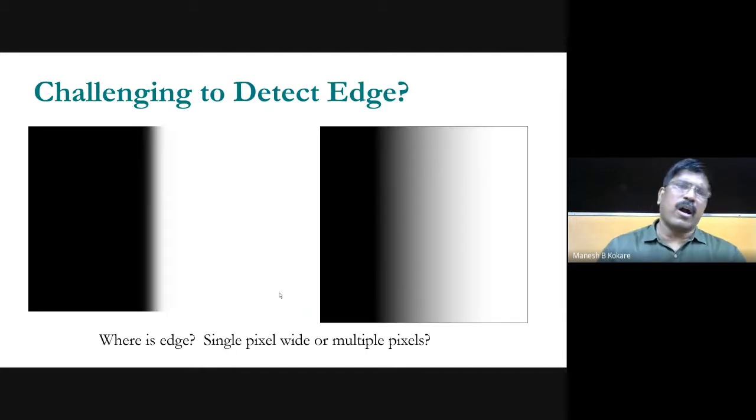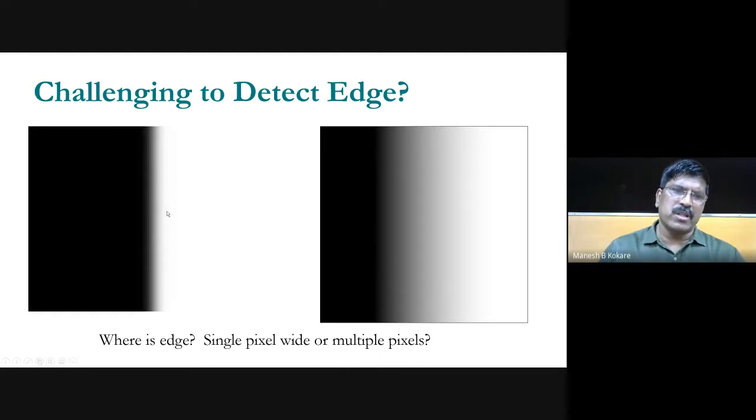But if you look at this kind of edges, for example, where the edge is, here or somewhere here, we don't know. Or if there is a gradual change in the intensity, you see that in this second image there is a gradual change in the intensity. Here, it is really challenging to find where exactly the edge is. Here also in the same way.